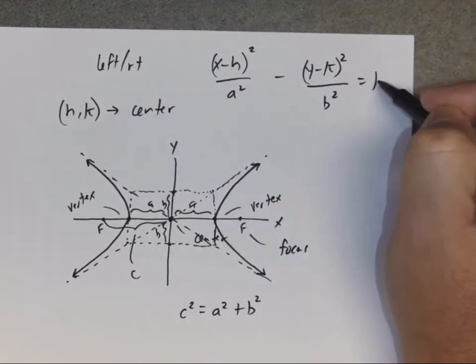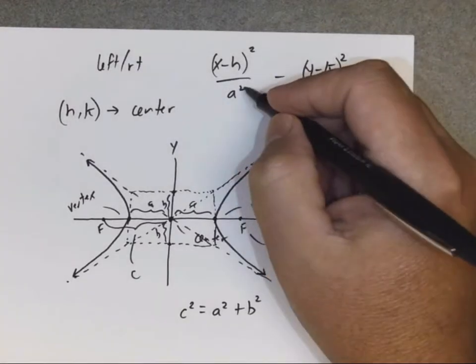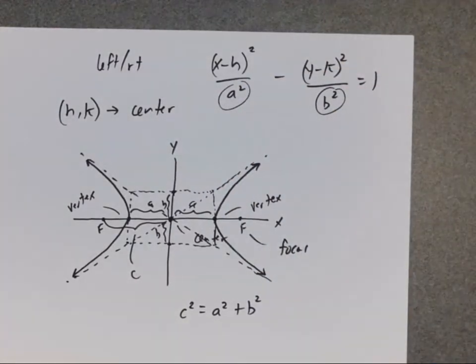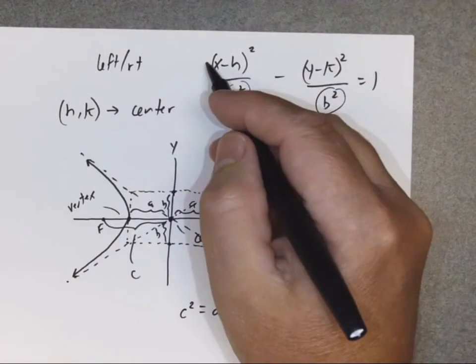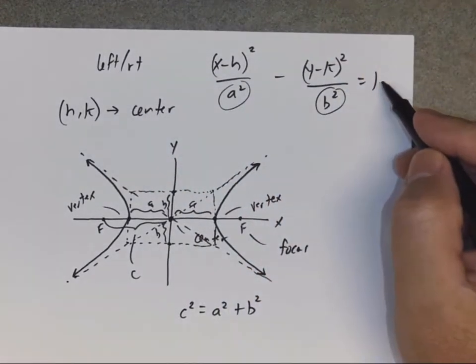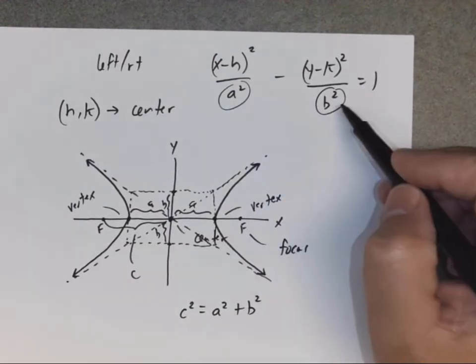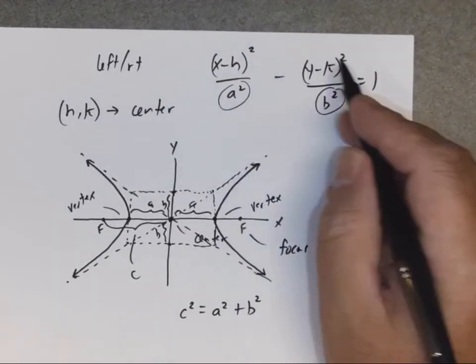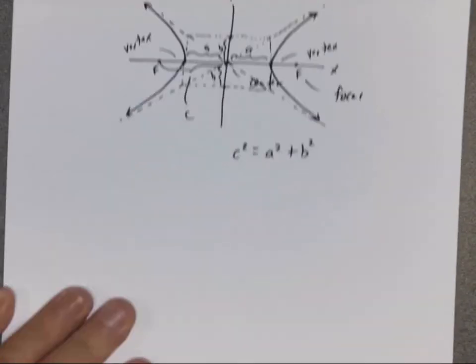And also notice it has to be 1 over here. The only numbers you can have are in the denominators. No numbers in front of the parentheses. This has to be a number 1, and then you can have numbers down here. Sometimes they may give you an equation where you have to do a little algebra to get it in the proper form.